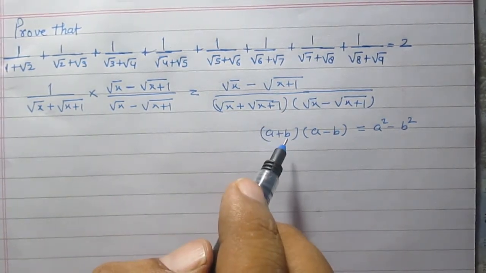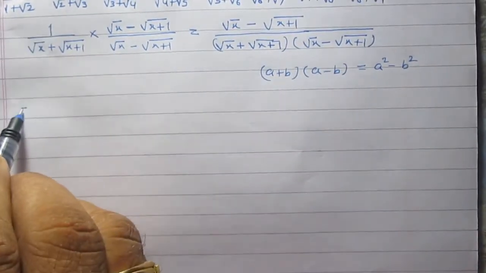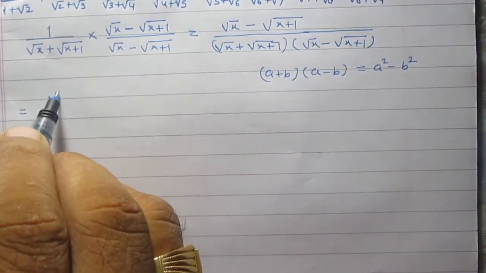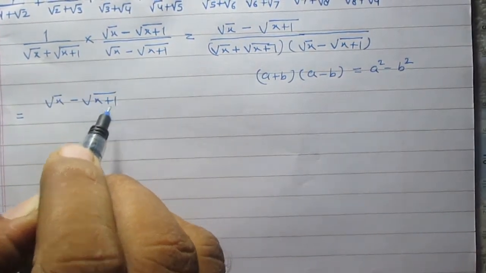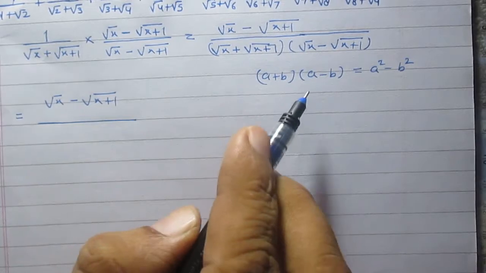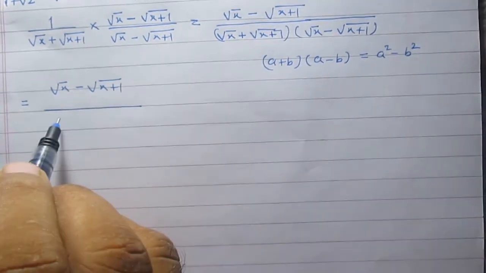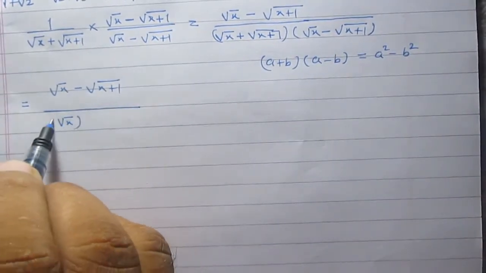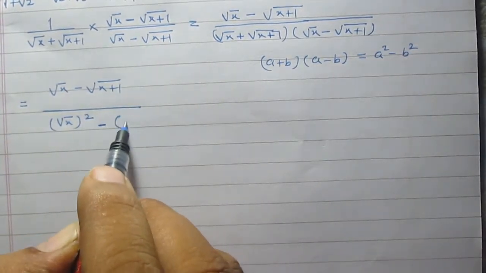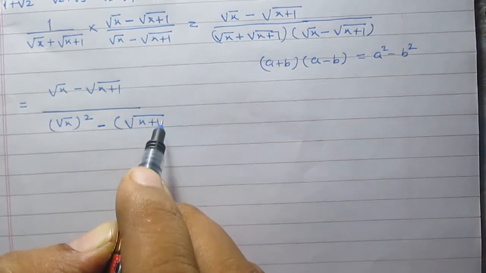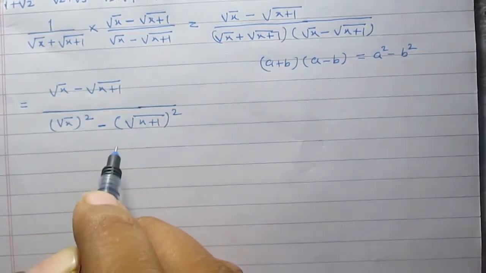So using this identity, we can write the numerator as it is, square root of x minus square root of x plus 1. The denominator according to this identity is square of square root of x minus square root of x plus 1.